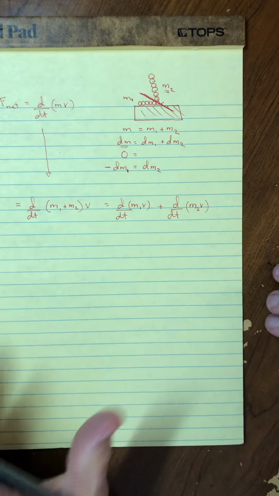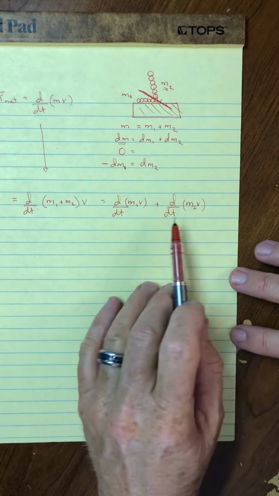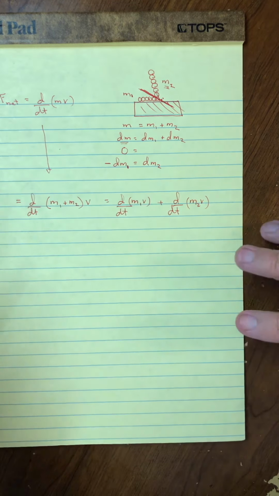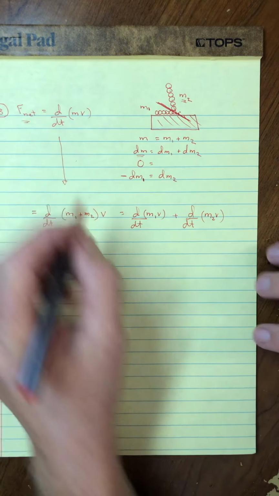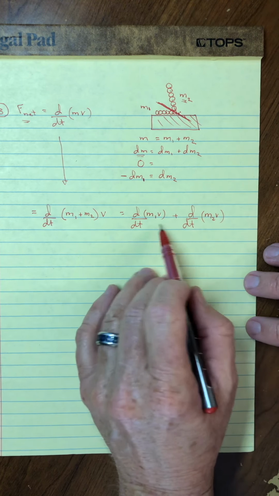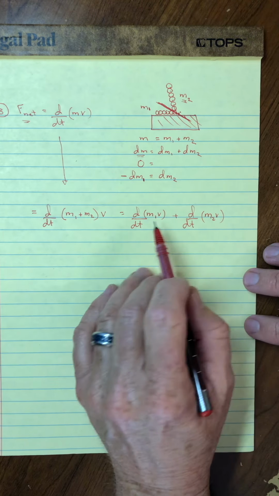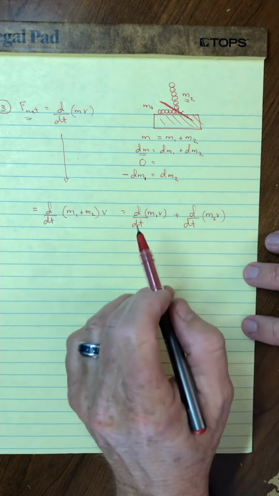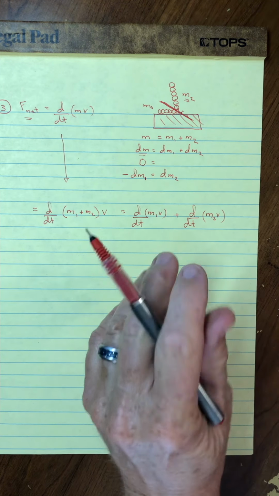All right. Now what I have is a problem where I've got 2 objects, and the 2 together makes the whole chain. So this is the force on the whole chain, okay? But these 2 are then the 2 pieces.